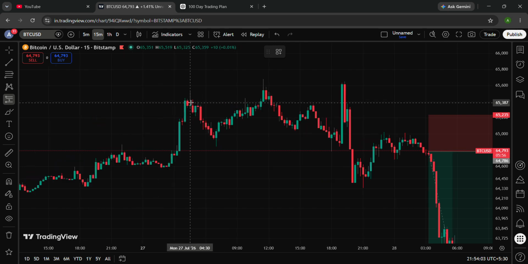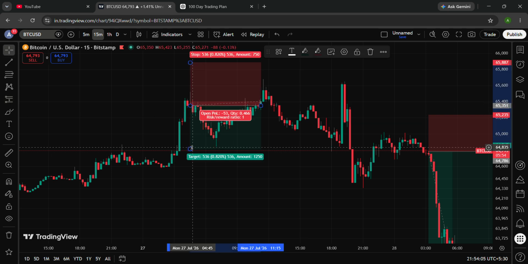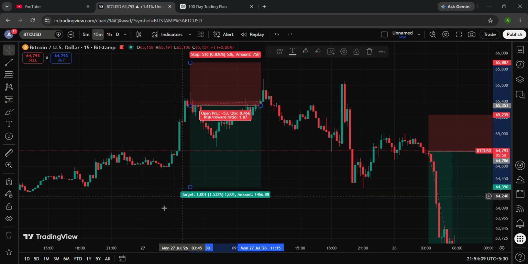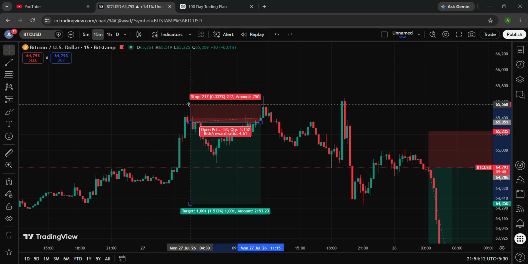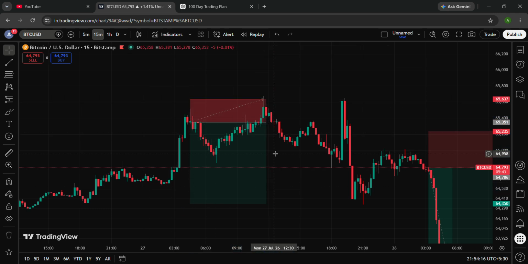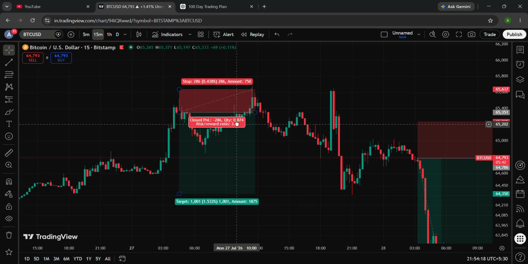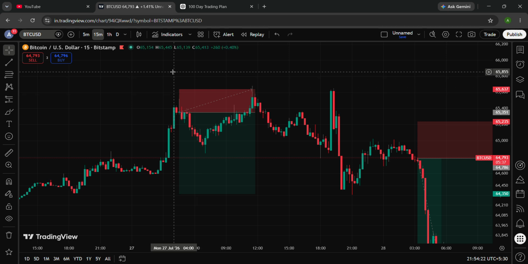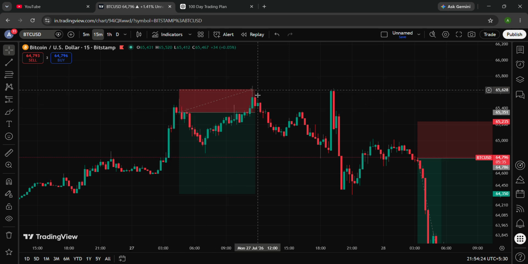I will enter my trade at that hammer candle, and my target was a little bit like that, and my SL was here. As you can see, my target was not hit, and my SL was hit in that particular price zone.